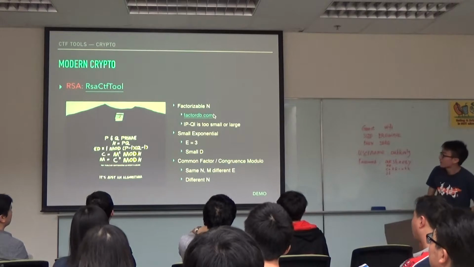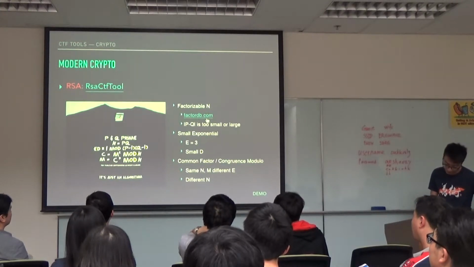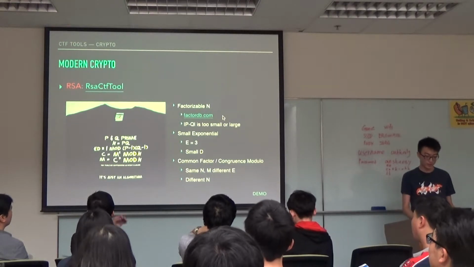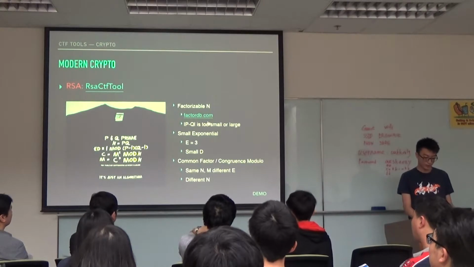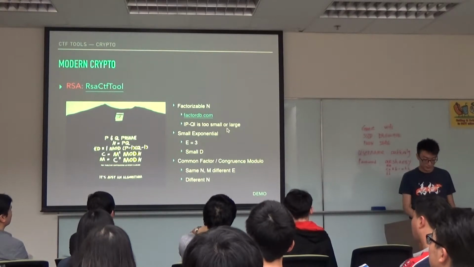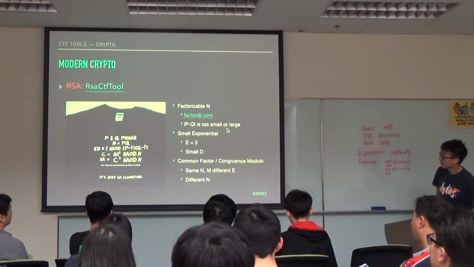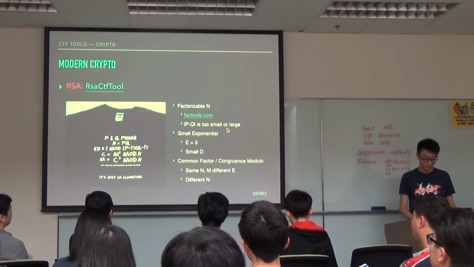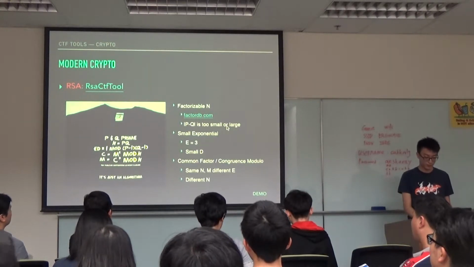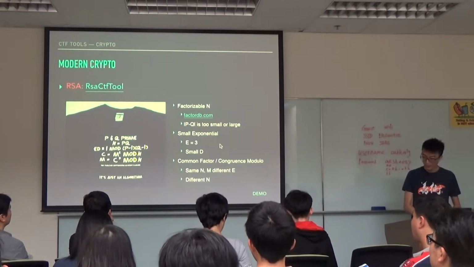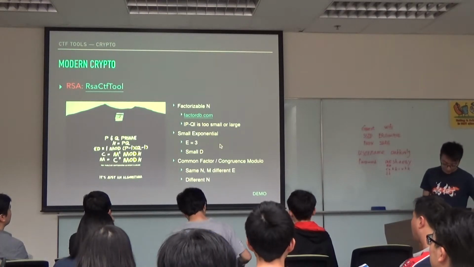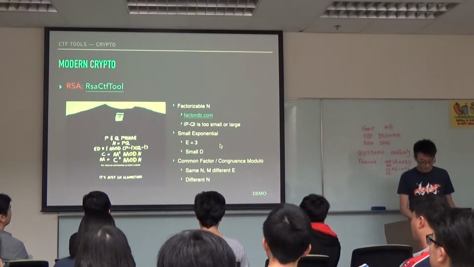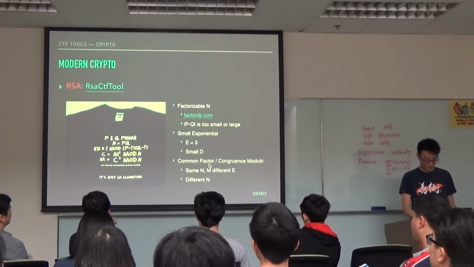And to factorize the big N, there's a website called FactorDB. It stores a lot of factorized big N. Also, somebody found that if the difference between P and Q is too large or too small, it will be very easy to factorize N. And also, if the given exponent, E or D, is too small, there are some vulnerabilities.